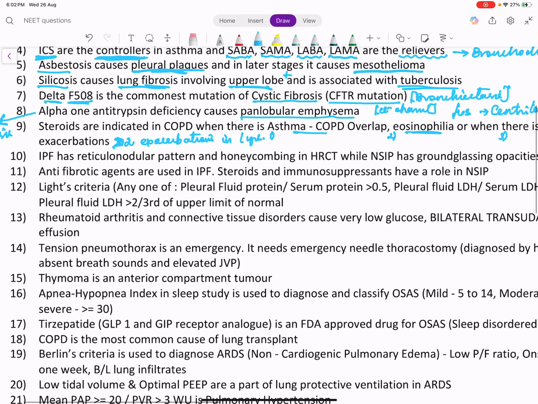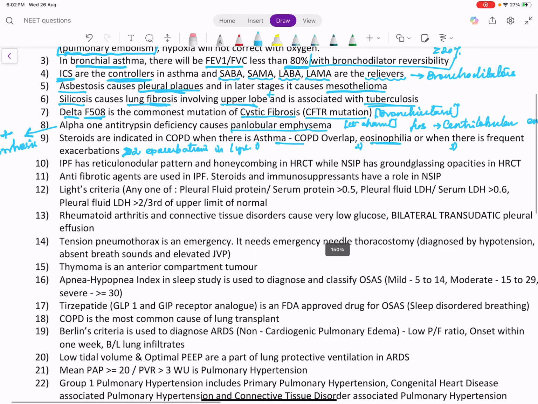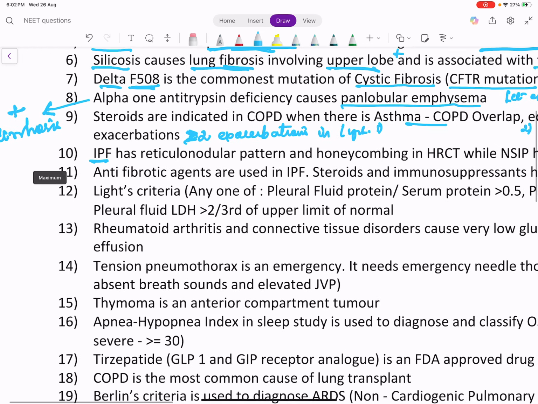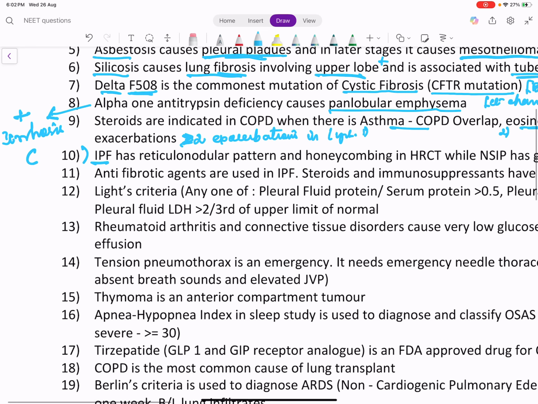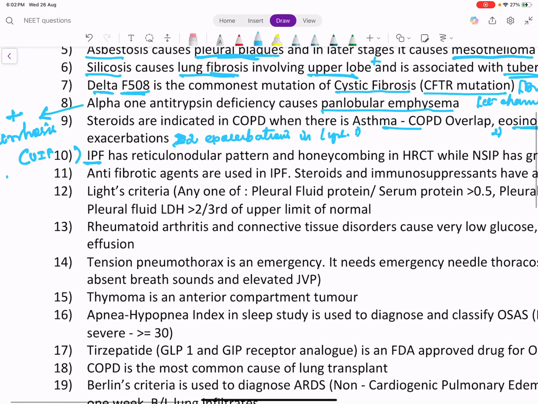Now coming to interstitial lung disease, the most common one is idiopathic pulmonary fibrosis. Idiopathic pulmonary fibrosis is the disease name. If you see the pathology, that pathological finding is called UIP, usual interstitial pneumonia. In contrast, we have another pneumonia that is non-specific interstitial pneumonia.